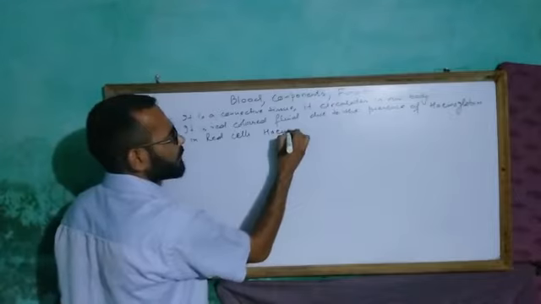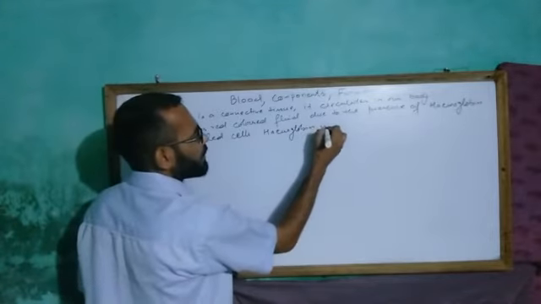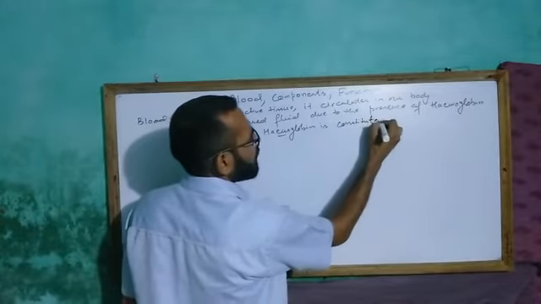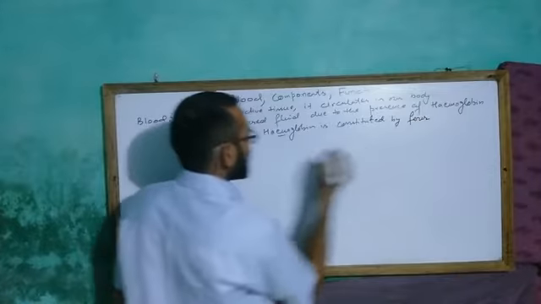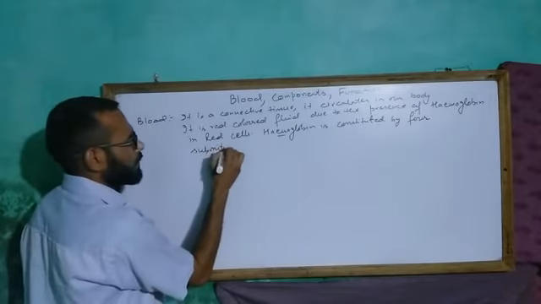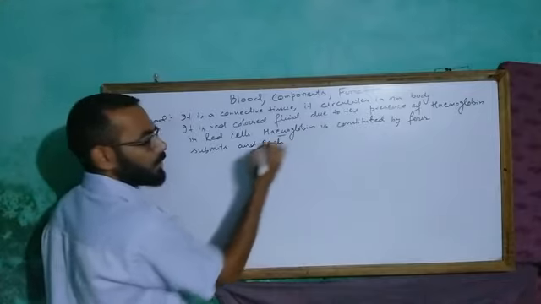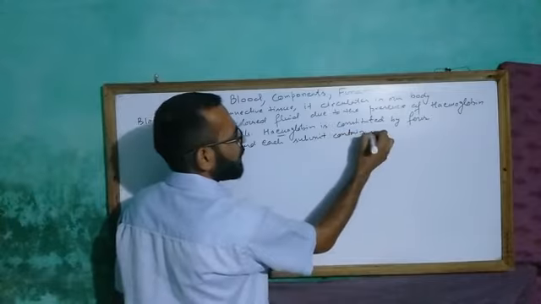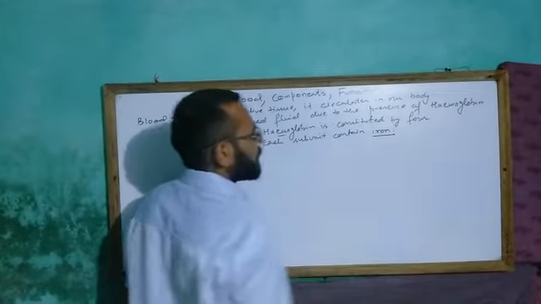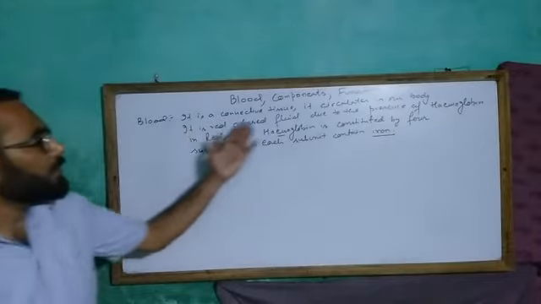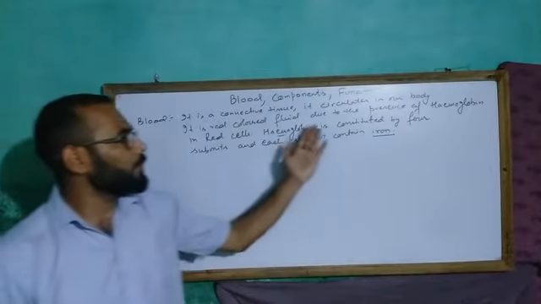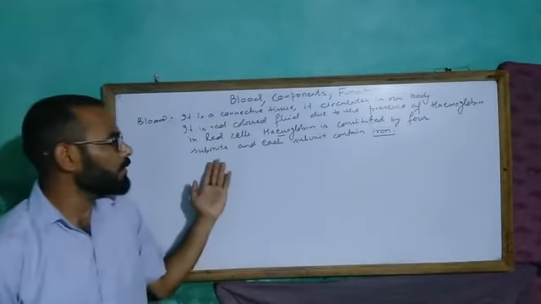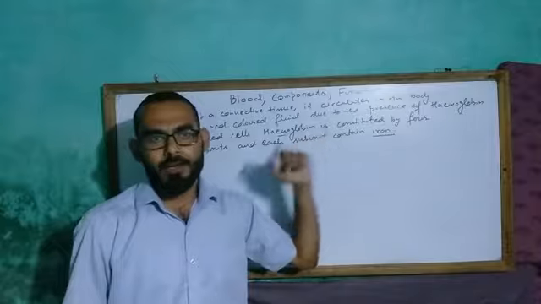Hemoglobin is constituted by 4 subunits, and each subunit contains iron.